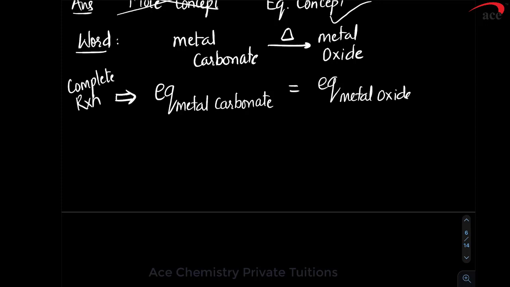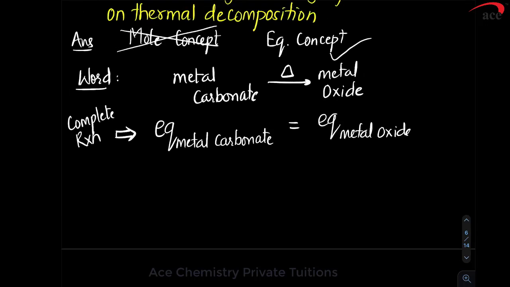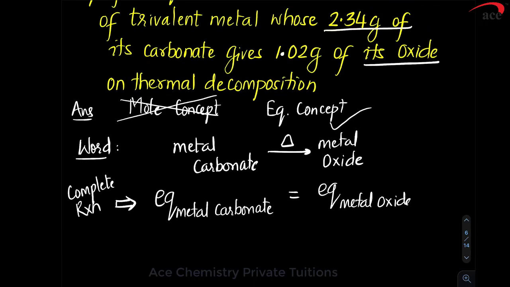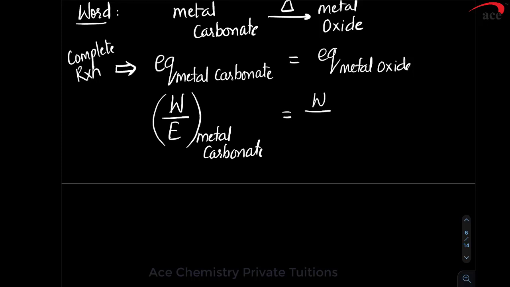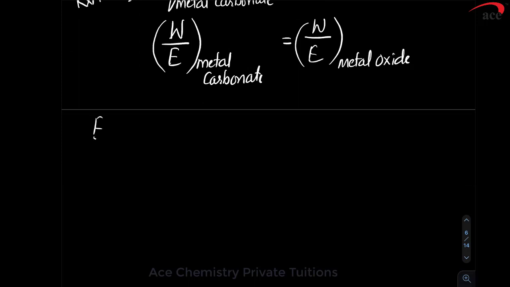No data means we always write a complete reaction. This is applicable. Now, EQ has so many formulas, but because masses are given, you will use W upon equivalent mass of metal carbonate is equal to W upon equivalent mass of metal oxide.